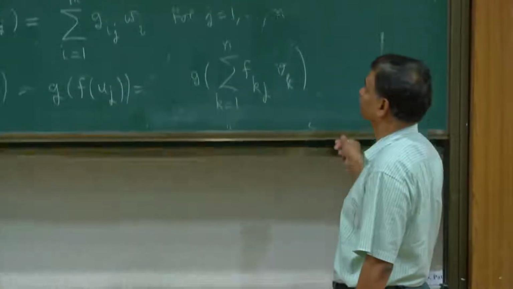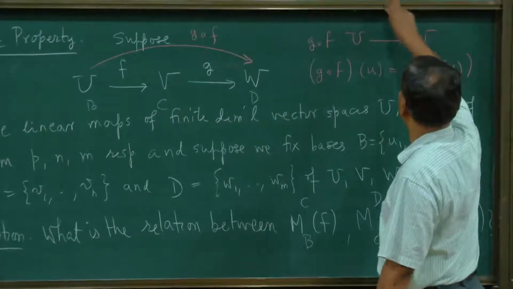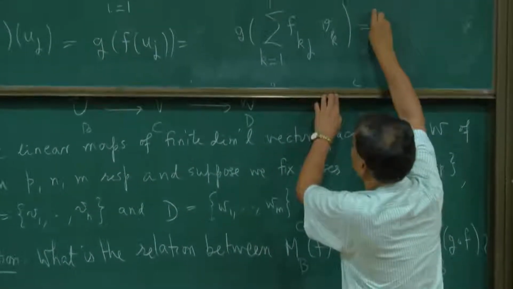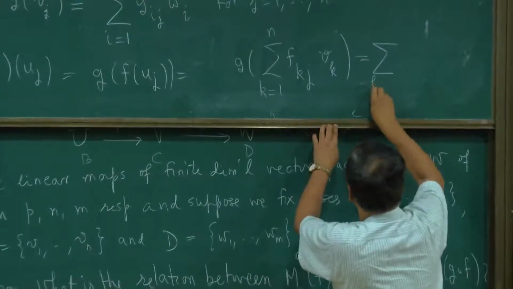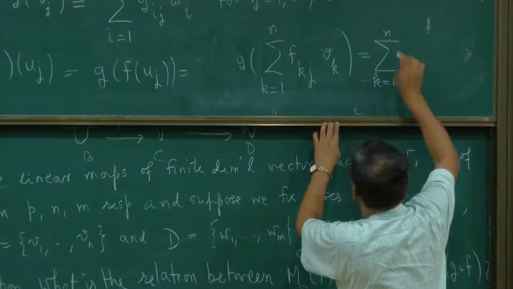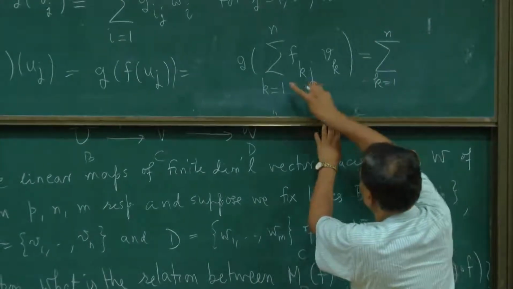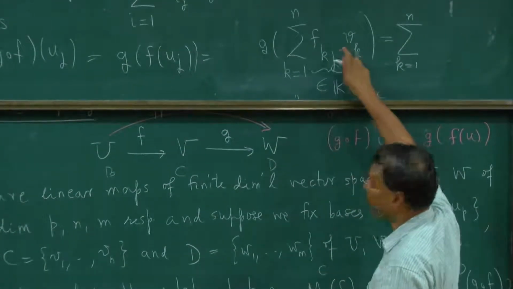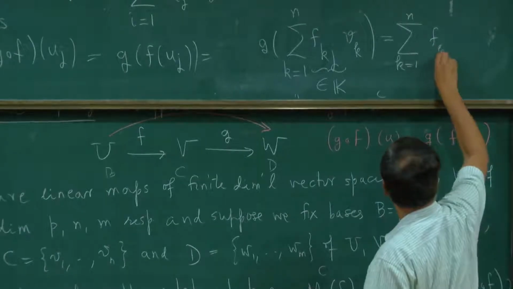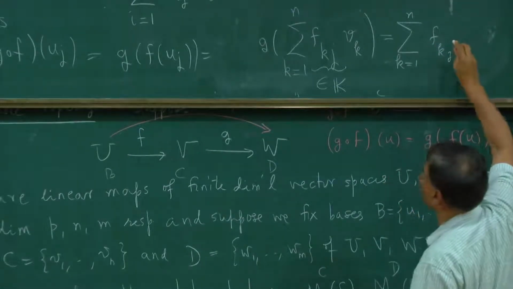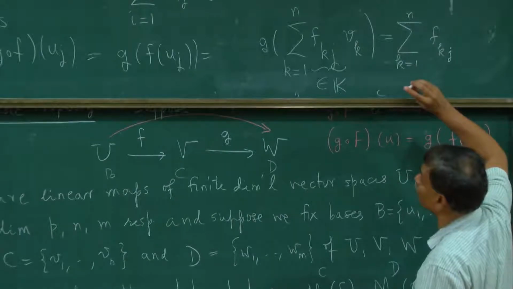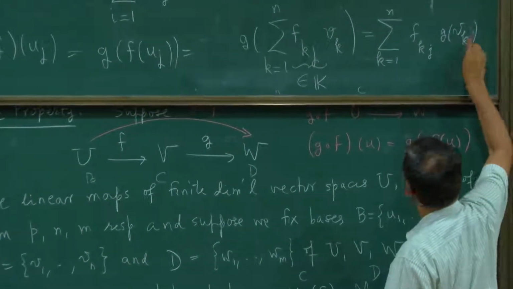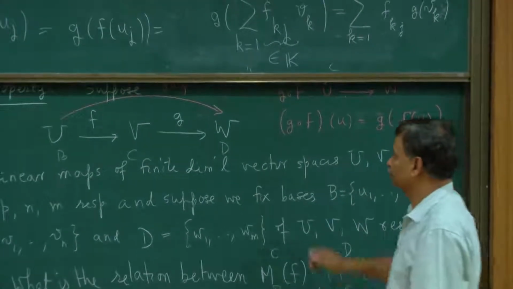Of course, G being a linear map, I can pull it out, and this is K going from 1 to n. F of Kj, remember, is a scalar, it's in K, whereas this is a vector. So this is F of Kj into G of Vk, right, because it's a linear map.